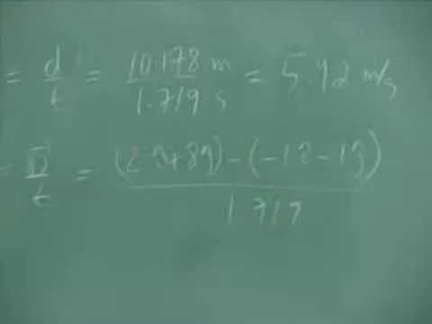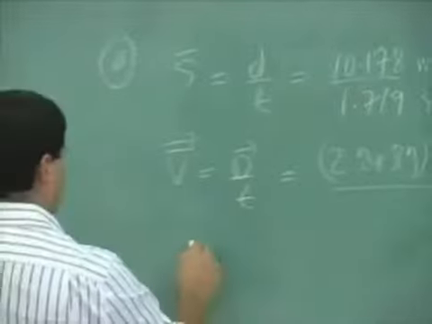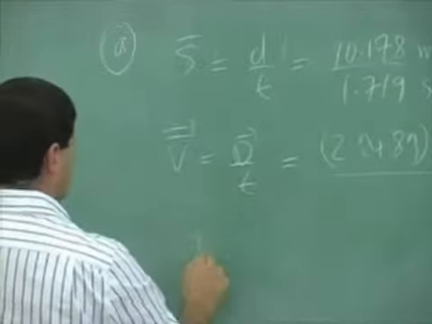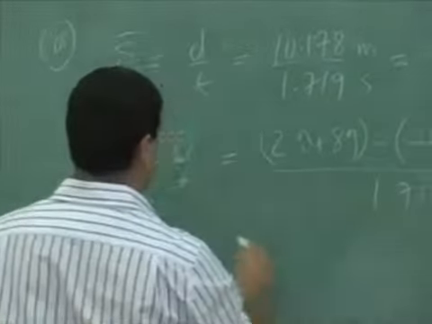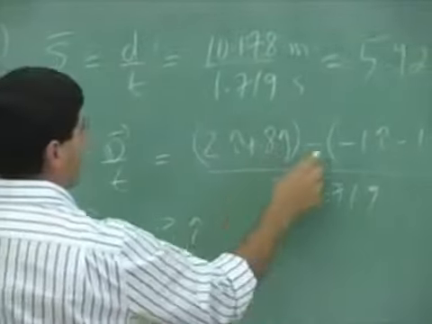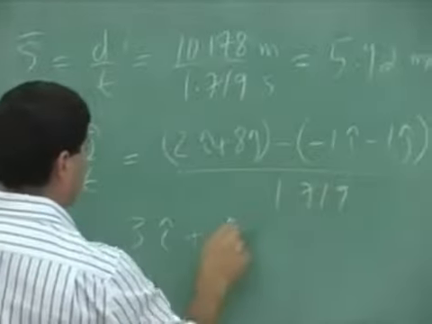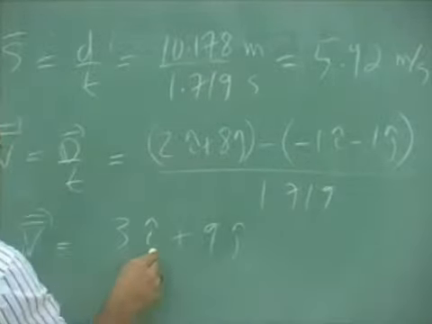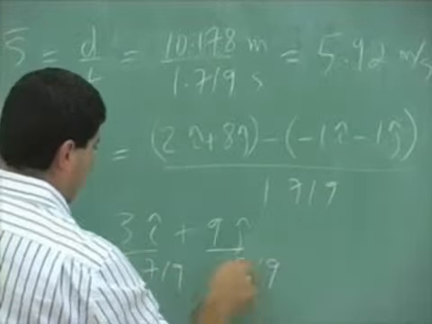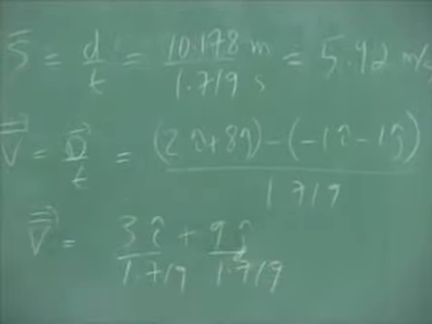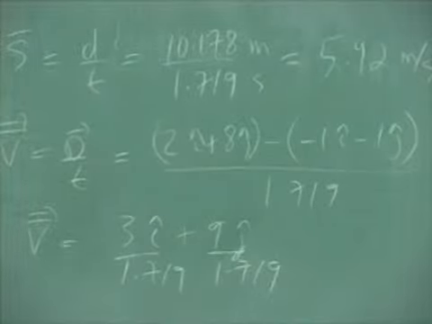1.719. And 2 minus negative 1 is 3. 8 minus negative 1 is 9. And you could divide 1.719 into each one.